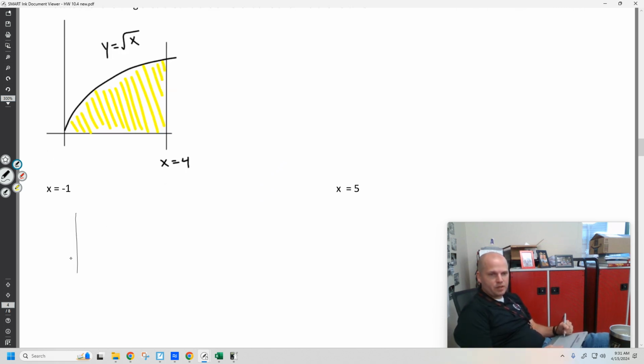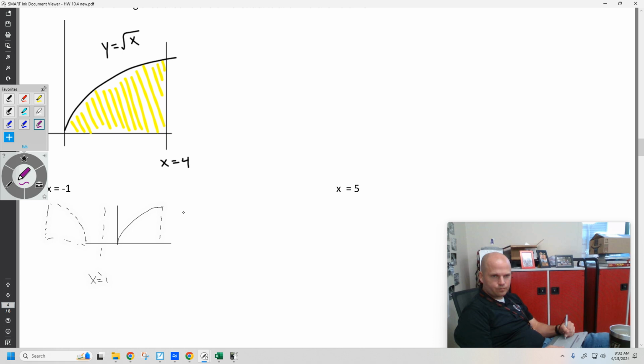This one's fun because a lot of people get confused with this x equals 4 and how that plays out. You've got to visualize it. Here's my region. Here's x equals -1. Here's my region being spun. Here is my washer.